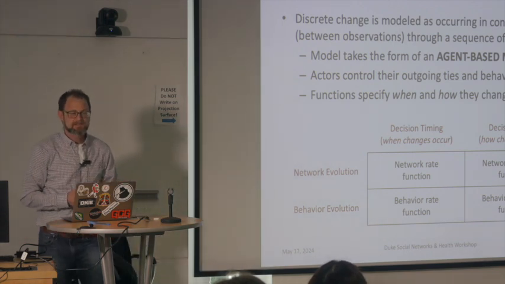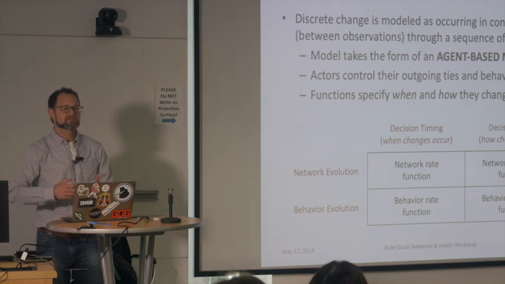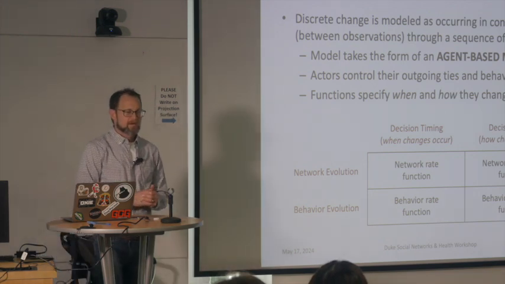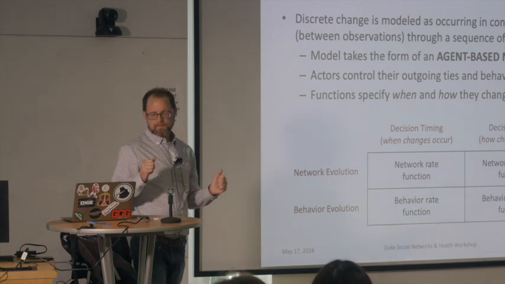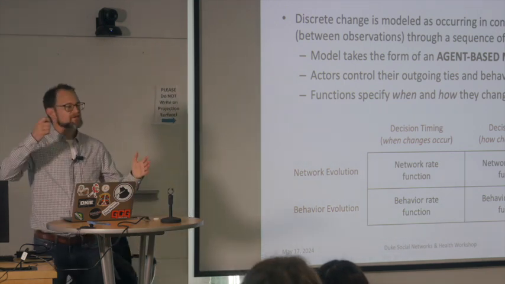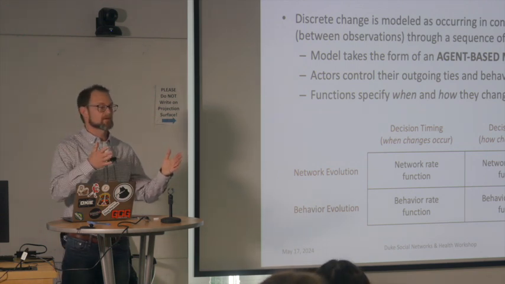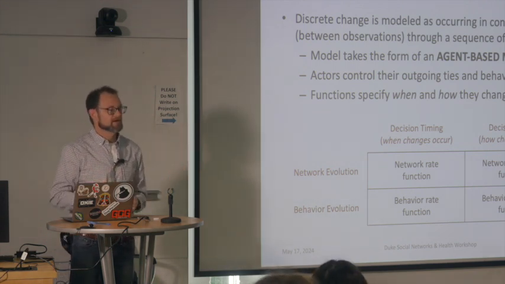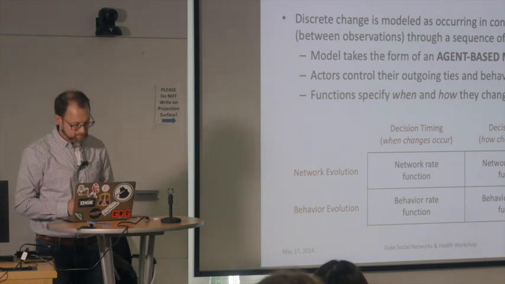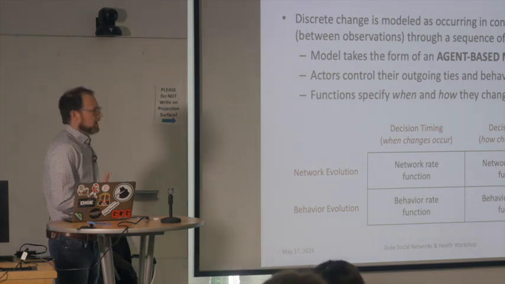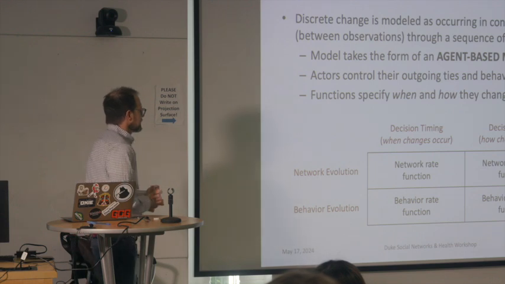We're actually going to engage in kind of a hypothetical exercise wherein between these waves we say, well, what if actors follow these rules? And then we see if actors following those hypothetical rules produce a network like we observe at time 2. Okay, so it's really an agent-based model at the heart of it.